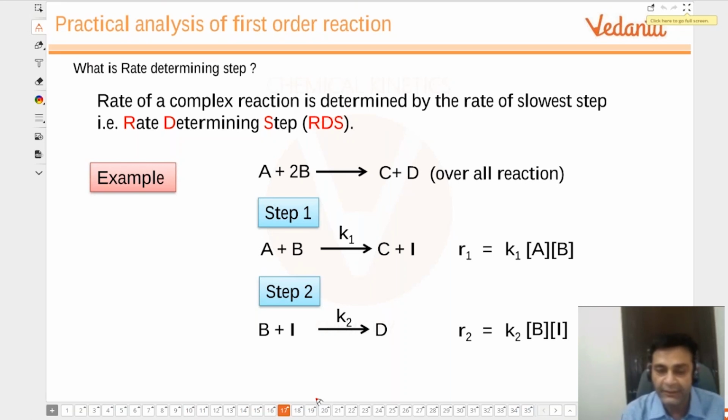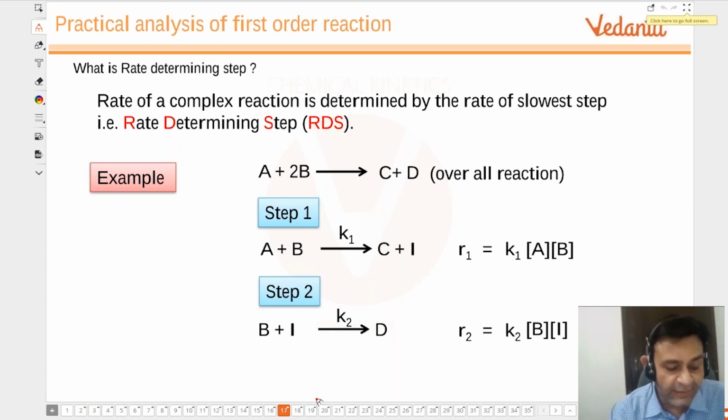If it is given that step 1 is the rate determining step, then molecularity is equal to 2 for the overall reaction. I think we know the meaning of molecularity, and what is meant by the term order of reaction, right? RDS stands for rate determining step.